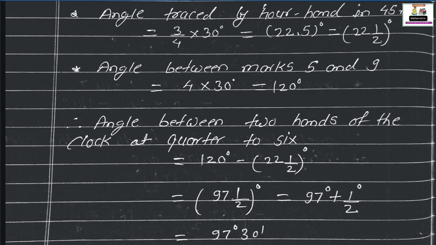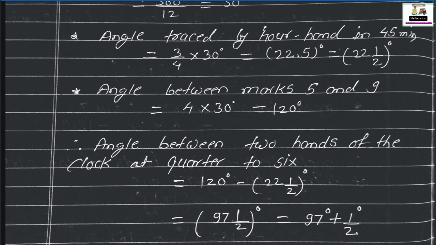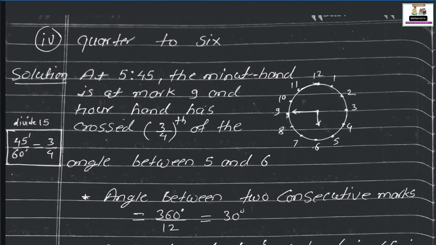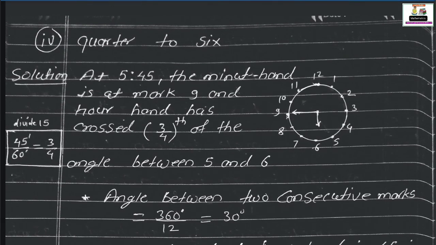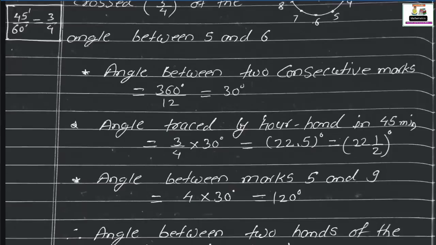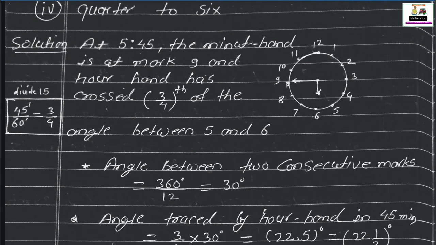Here we subtract these angles. First we find the angle from 5 to 9, which is 120 degrees.